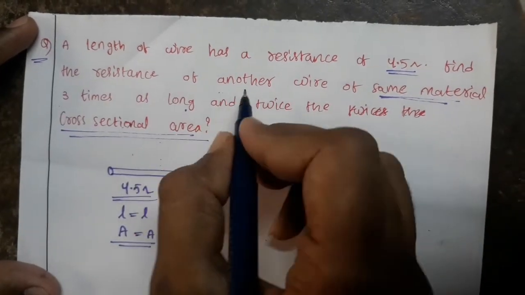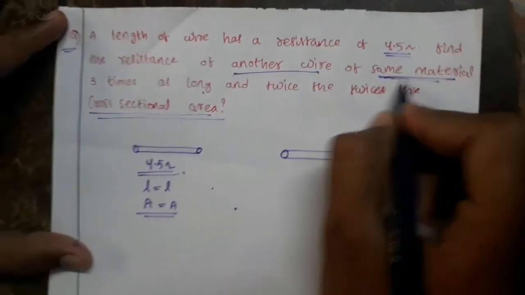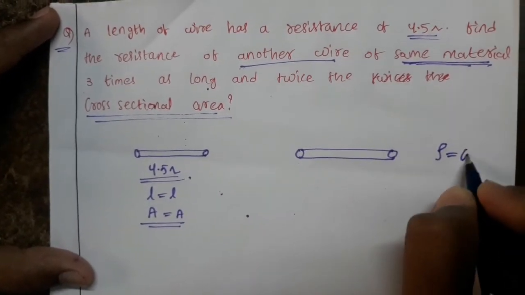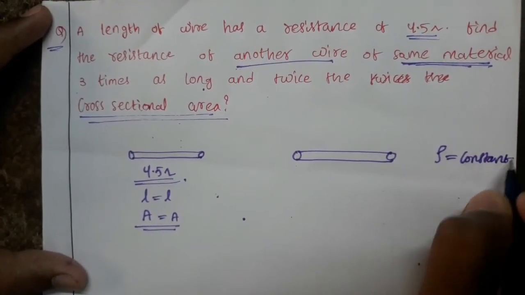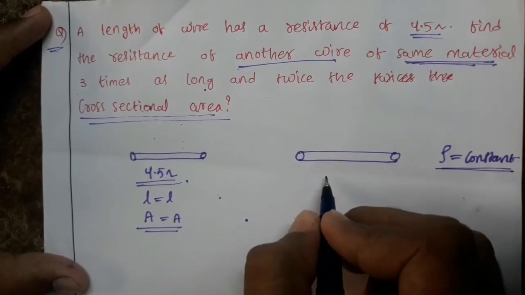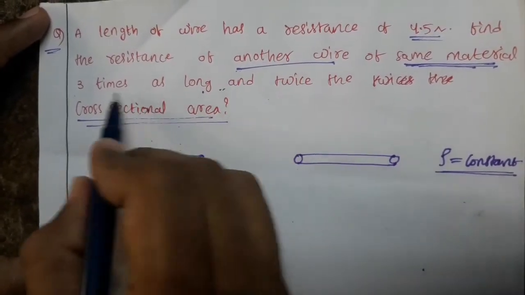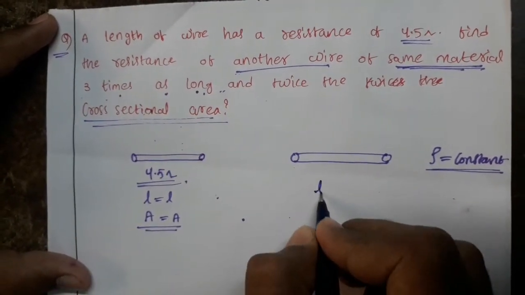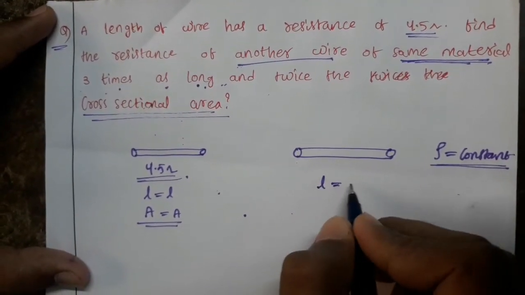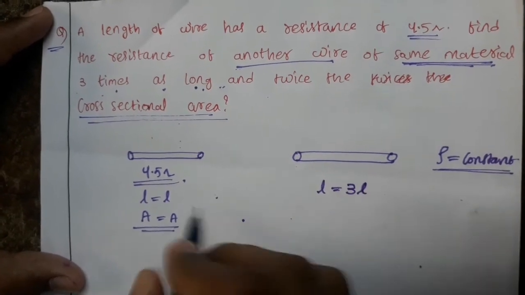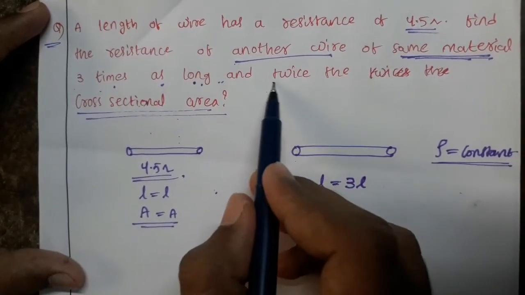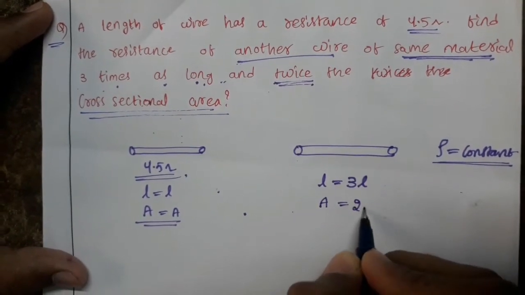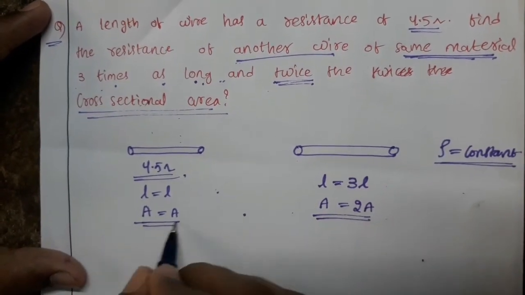We have used another wire of same material, which means resistivity is constant. Another wire is 3 times as long, so its length is 3 times L, and the area is twice, area of cross section equal to 2 times area of the first wire.